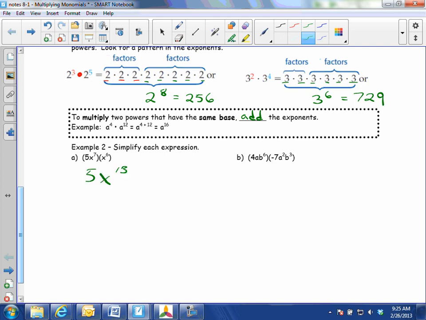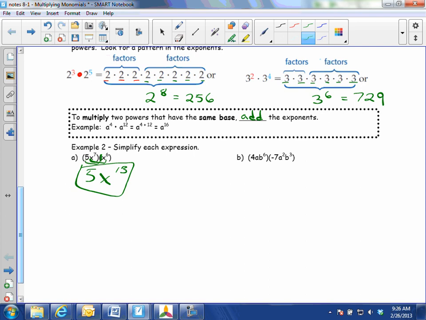Okay, tell me where we're coming up with these numbers. There's just a 1 in front of this x, right? And 5 times 1 is 5. X to the 7 times x to the 6, add the exponents to get 13.